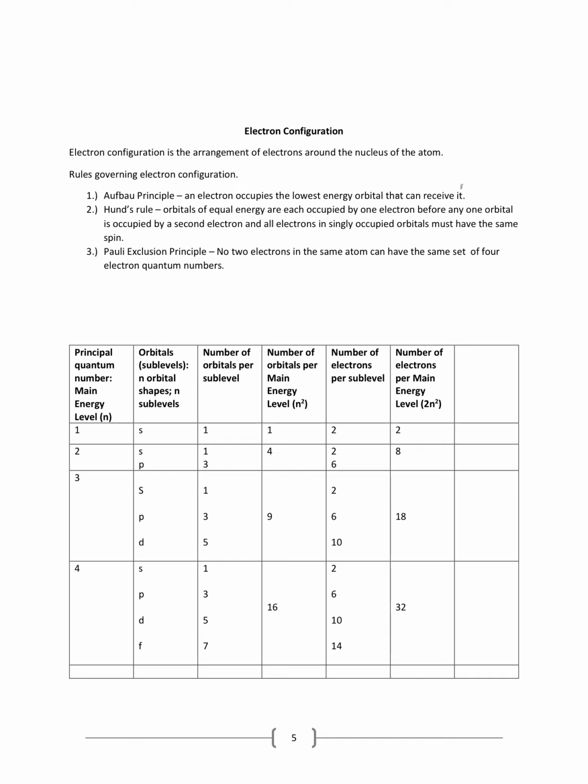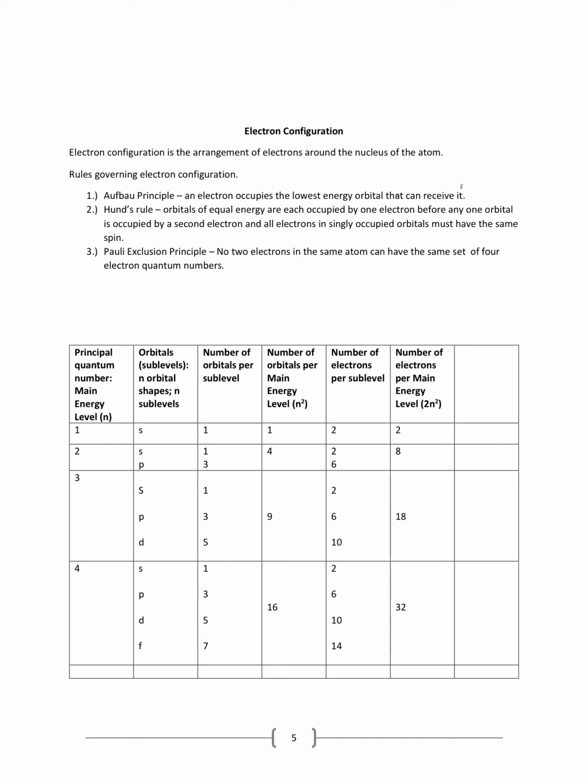Orbitals of equal energy are each occupied by one electron before any one orbital is occupied by a second electron, and all electrons in singly occupied orbitals must have the same spin. And then Pauli exclusion principle. No two electrons in the same atom can have the same set of four quantum numbers. So what does this all mean?